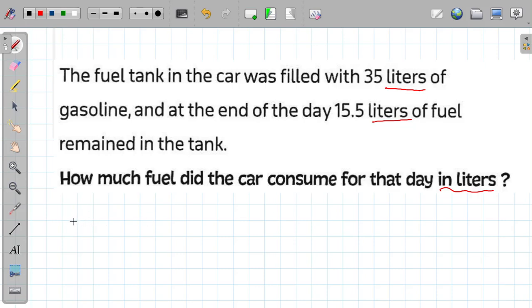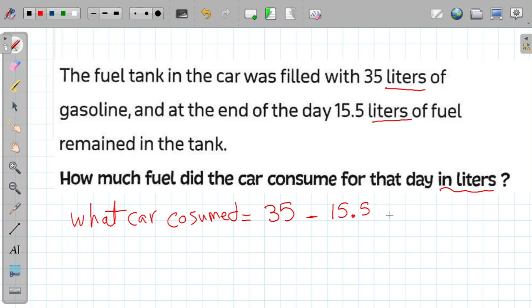Okay, so I will say the remainder here because I want to find what the car consumed for that day. So I will say what the car consumed equals the big number 35 minus the small number 15.5.